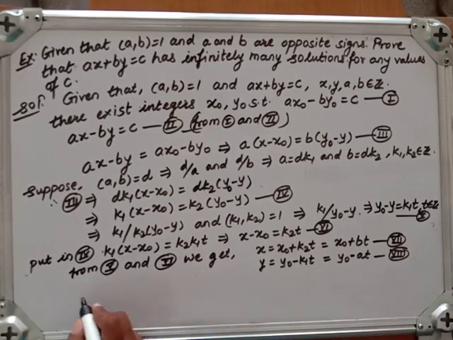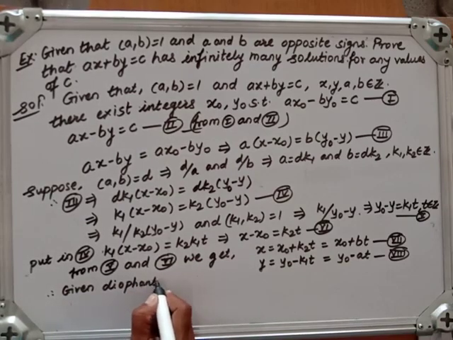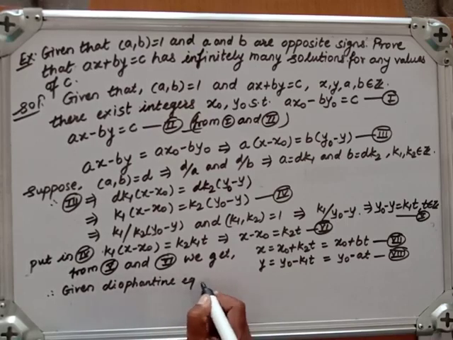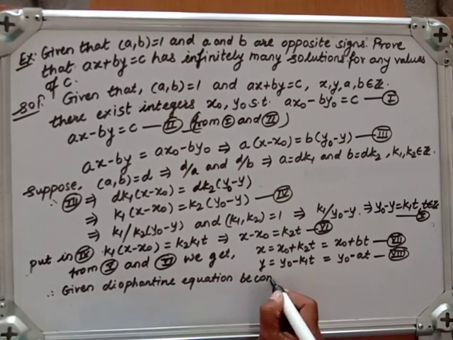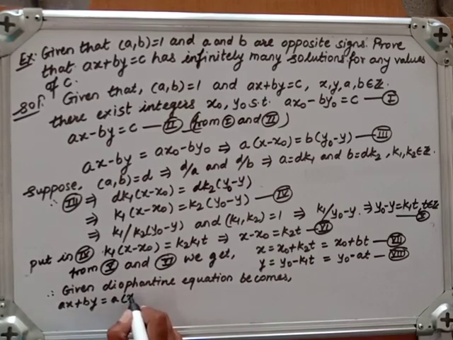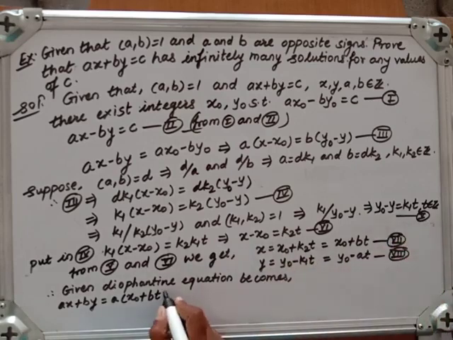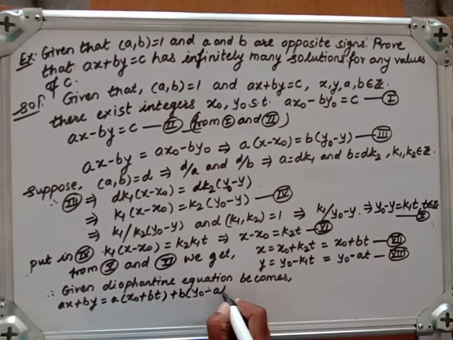Therefore, the given Diophantine equation becomes Ax plus By equal to A into x0 plus bt, plus B into y0 minus at.